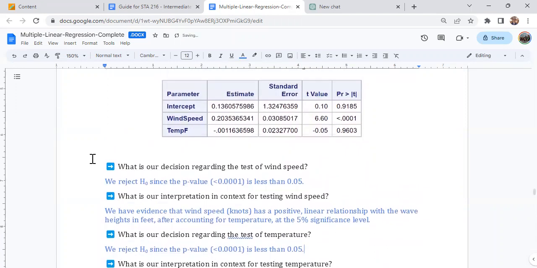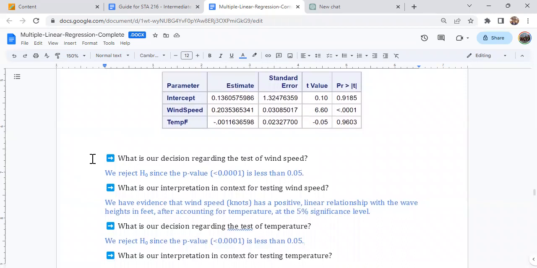So for the test of temperature, though, we failed to reject H0, right? Since the p-value 0.9603 is greater than.